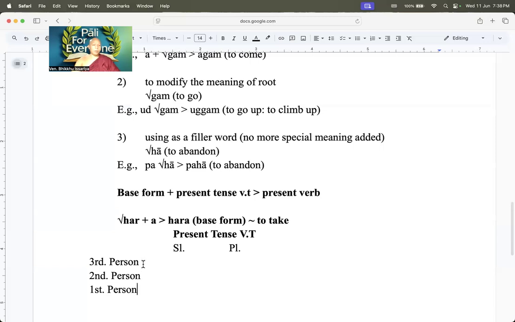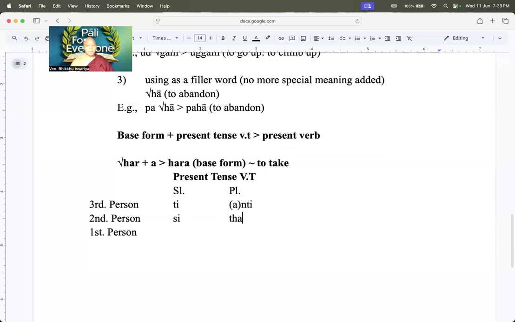First, the third person singular is actually di, as we already know. For the plural, for some forms we use the R, but commonly this R is dropped, and di is just pronounced. For the second person, si is singular, and the plural is ta. And for the first person, mi is singular and ma is plural.